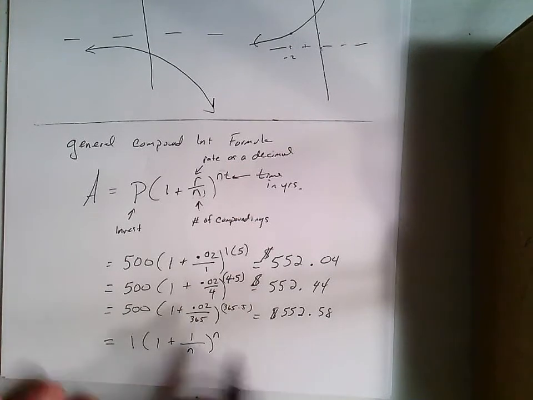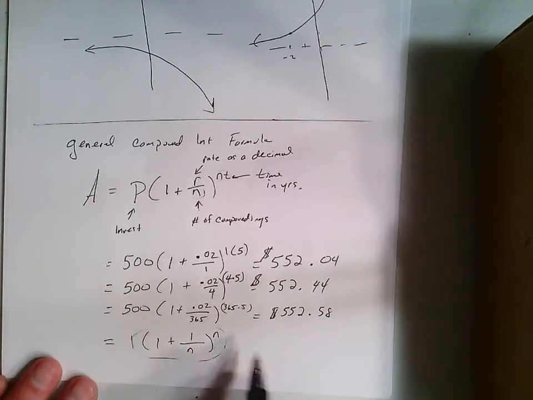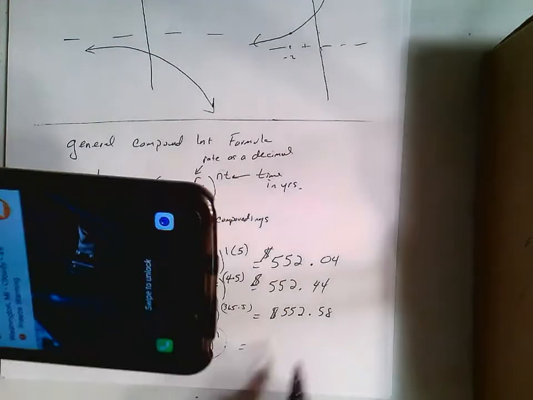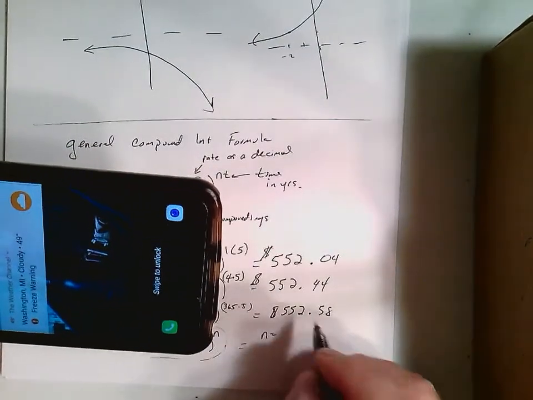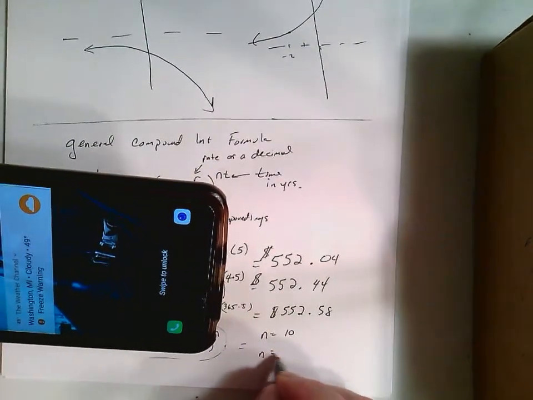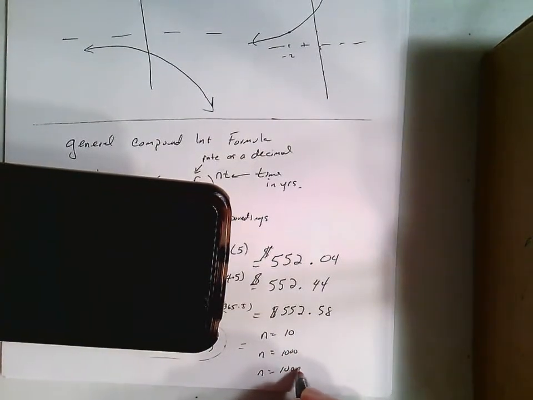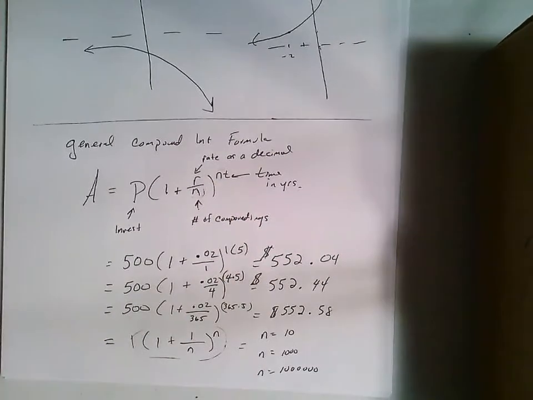So I'm going to put in specific values of n. When n is 10, and then I'm going to jump to 1,000, and then to 1,000,000, and just see what that number starts looking like.